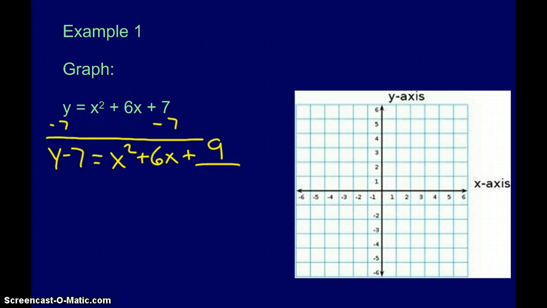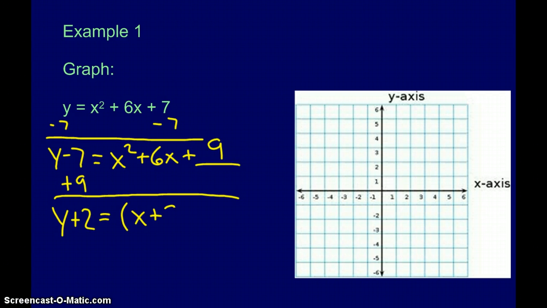But if I added 9 to the right side of the problem, I also have to add 9 to the left side of the problem. So on the left side, y minus 7 plus 9 is y plus 2. On the right side, I have x squared plus 6x plus 9, and just like when we did completing the square to solve, I'm going to factor that down to the perfect square we created.